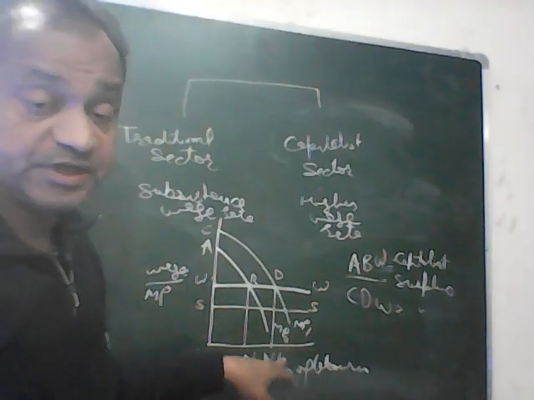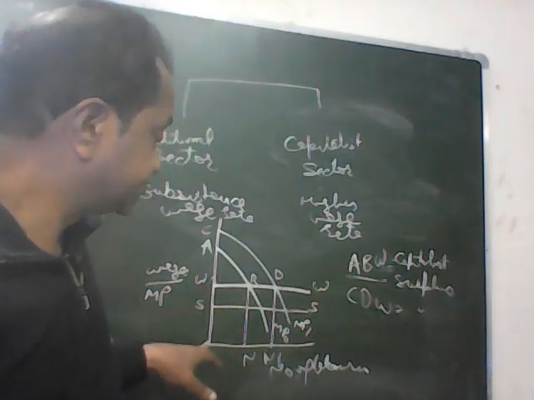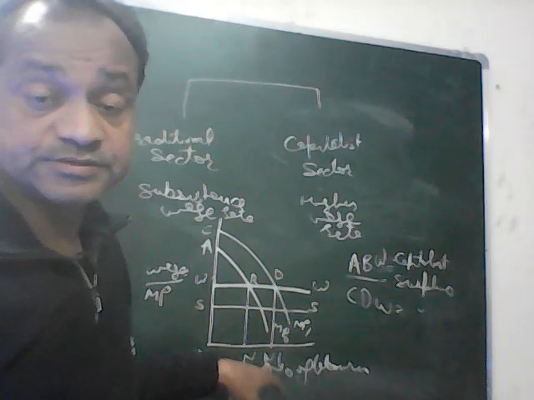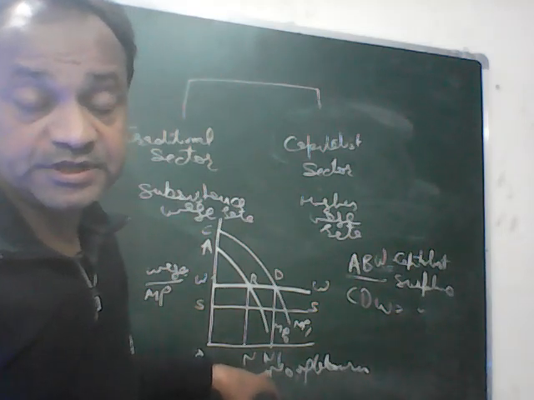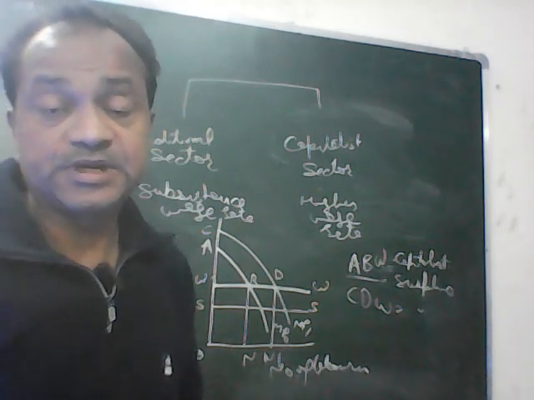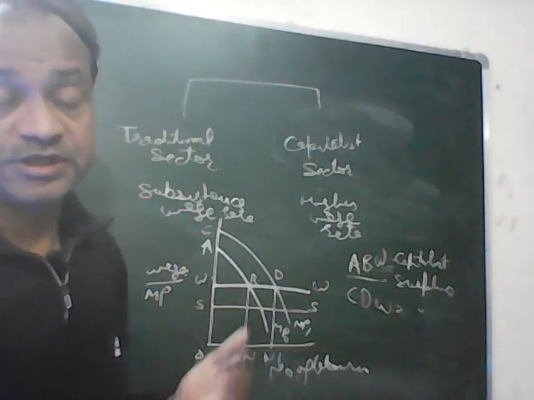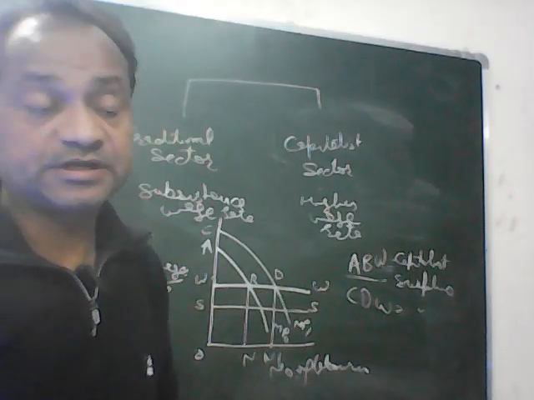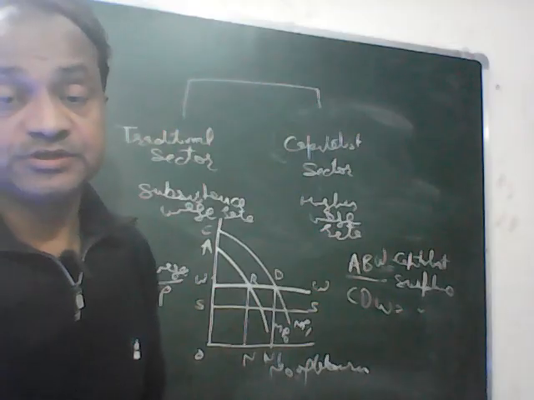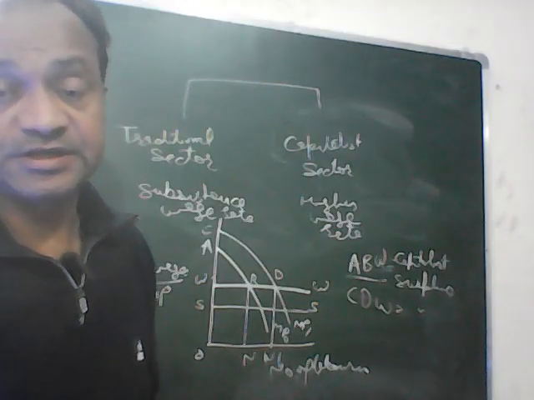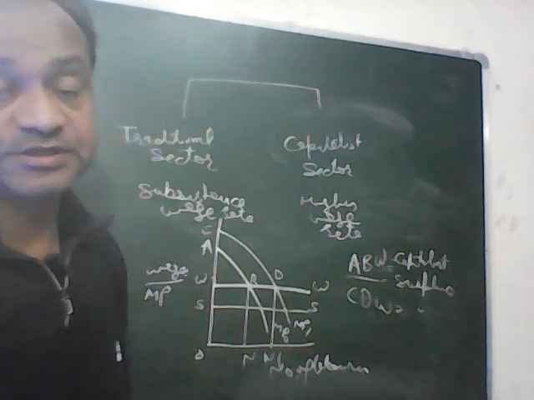They are getting more employment in the capitalist sector, and when the capitalist sector employs more and more laborers of the traditional sector, then the surplus disguised unemployed labor which was in the traditional sector is migrated towards the capitalist sector.